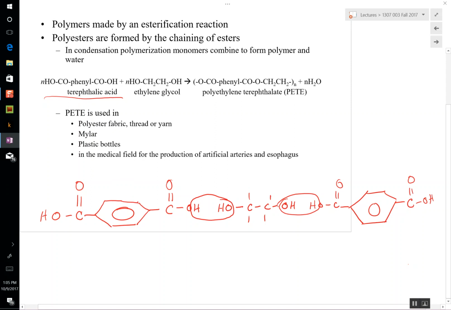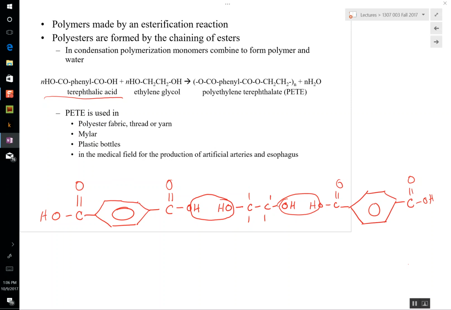You get water, and then on the other side of this terephthalic acid, you get another ethanediol, and it just propagates down there. So it's repeating. This unit right here is your repeating unit. And what do you have over there? You've got another one of these over there, and then ethanediol here, another terephthalic acid, another ethanediol. You see? So you're forming that polymer. It's getting higher and higher molecular weight.